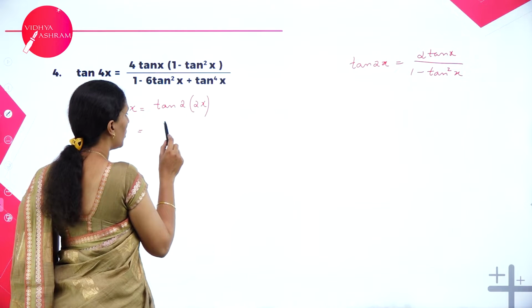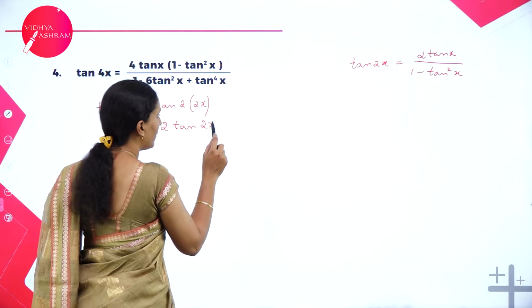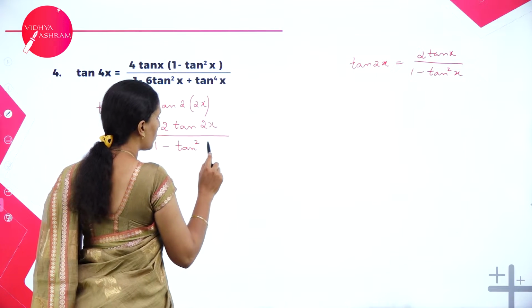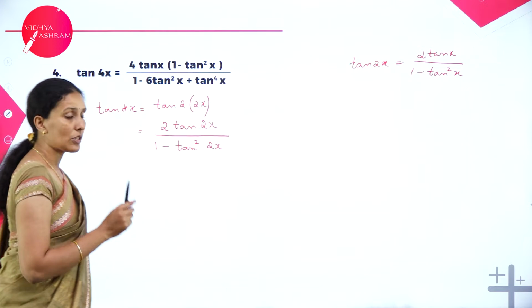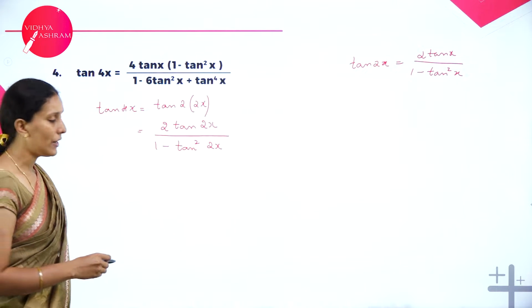So that means 2 tan x, but in the place of x we have 2x, so 1 minus tan square 2x again, because in the place of x we have 2x. Now again substitute the formula of tan 2x.